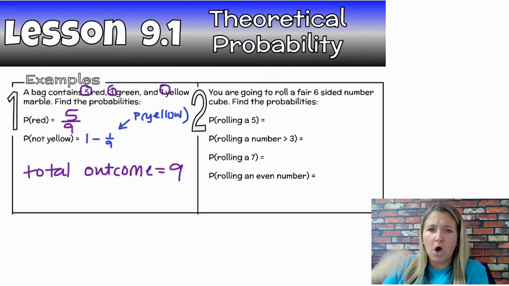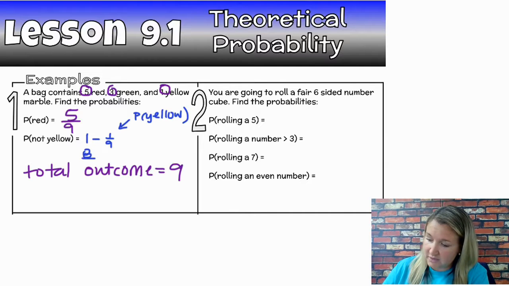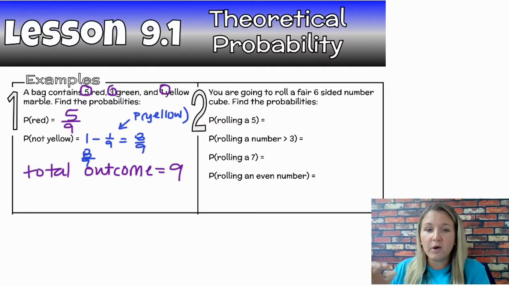Or you could count all the rest that aren't yellow, which would be 5 red and 3 green, which is 8, out of the total outcomes, which is 9. So guess what? 1 minus 1/9 is 8 ninths. It works the same both ways. Sometimes it's easier to count up the ones that are not yellow, but sometimes it's not. So you just work it however you want to make it work.